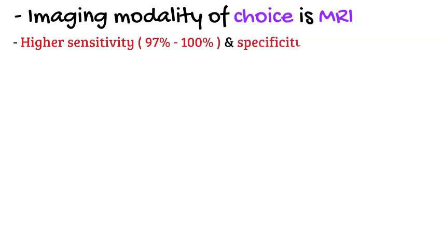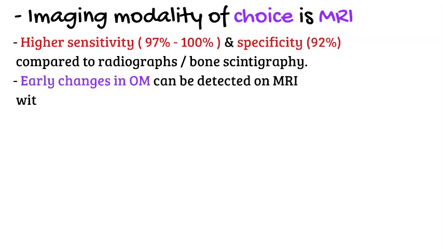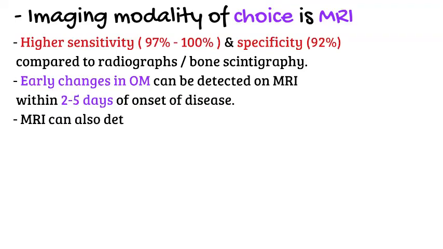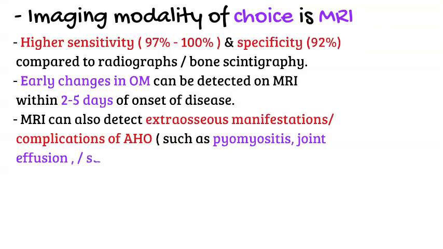Whatever it is, the imaging modality of choice is MRI. It has higher sensitivity, around 97 to 100%, and specificity, around 92%, compared to radiograph or bone scintigraphy. Early changes in osteomyelitis can be detected on MRI within 2 to 5 days of onset of disease.